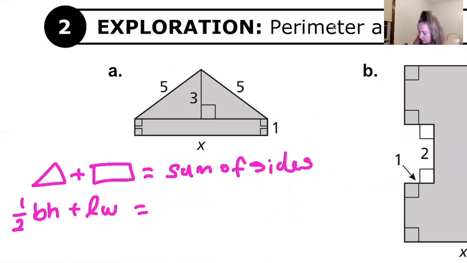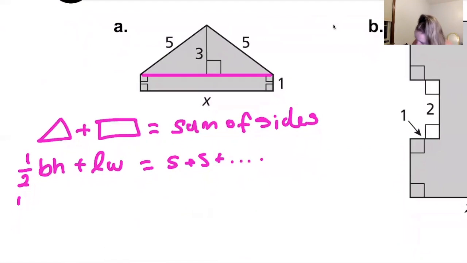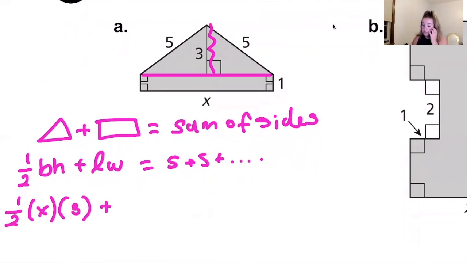And then for the sides, it's still going to be S plus S. So the base of the triangle is going to be this length right here, which they tell us is X. So I'm going to have 1/2 X, and then the height is 3. And then the area of my rectangle is going to be length times width, so X times 1. So I'm just going to put X. Because 1 times X is X.